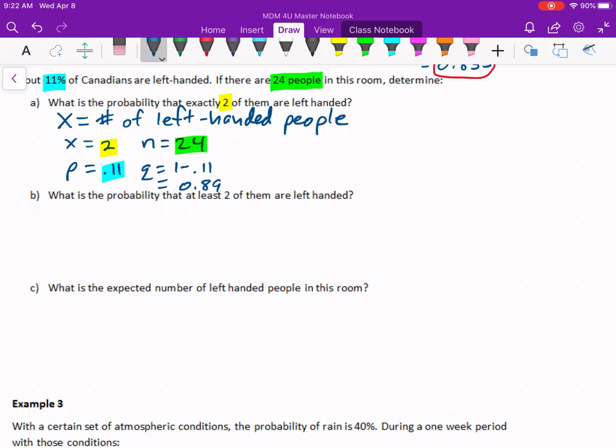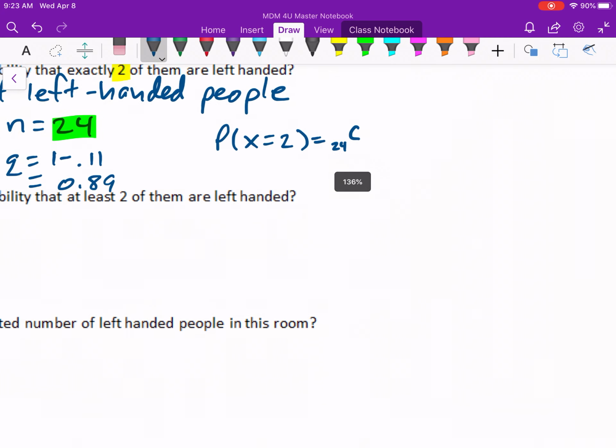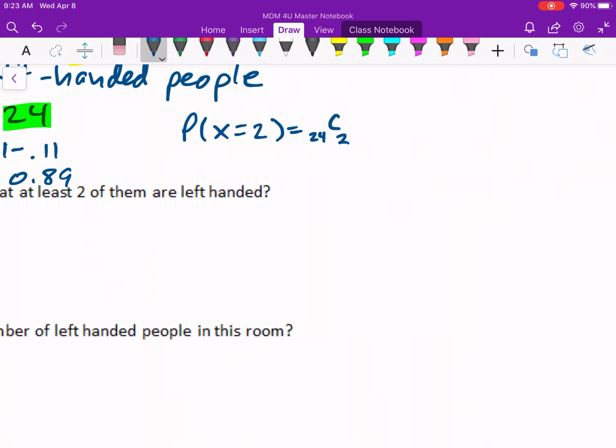So the probability that 2 are left-handed, that x equals 2, is going to be 24 choose 2 times 0.11 to the 2 times 0.89 to the 24 minus 2, which is 22. And that works out to be 0.257, or 25.7%.